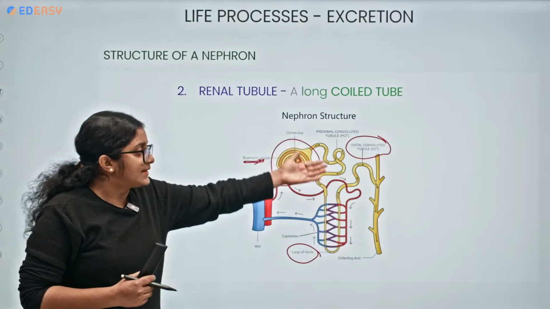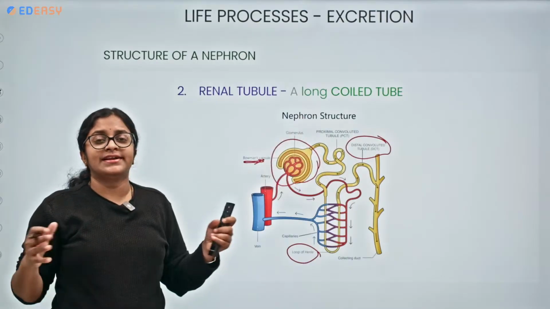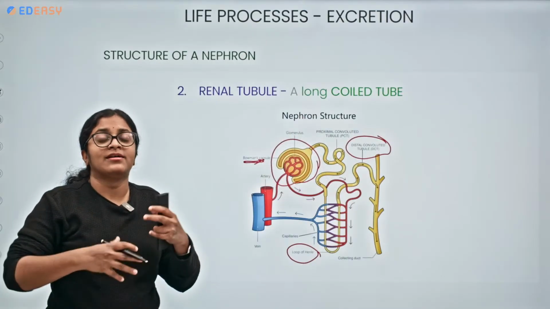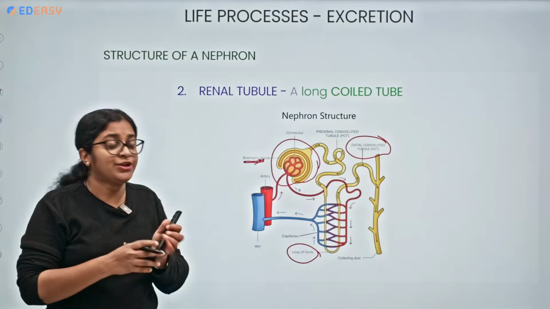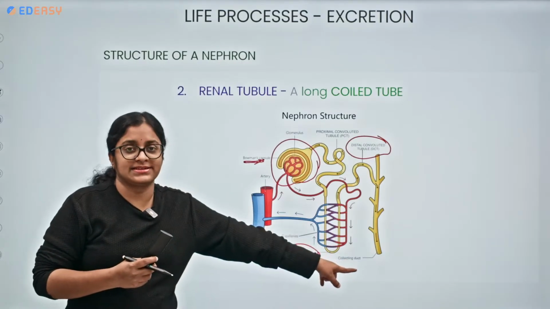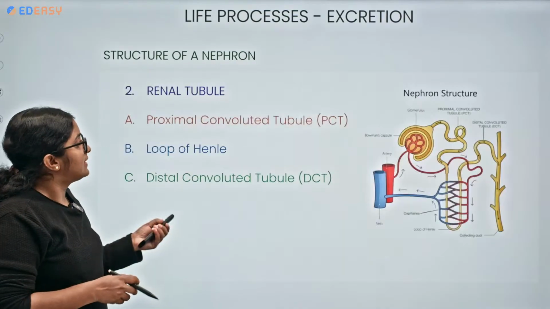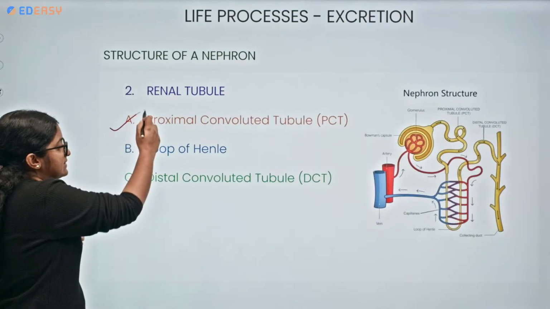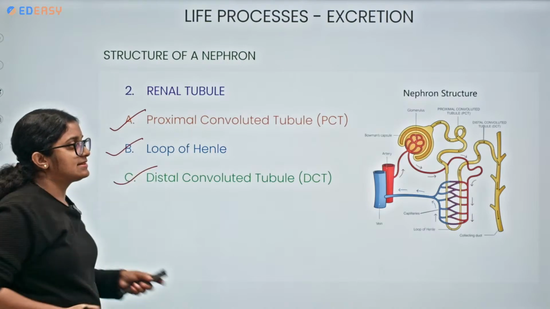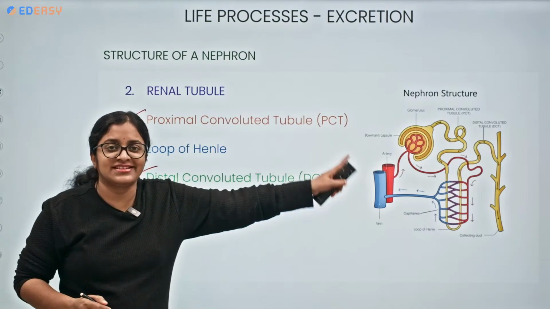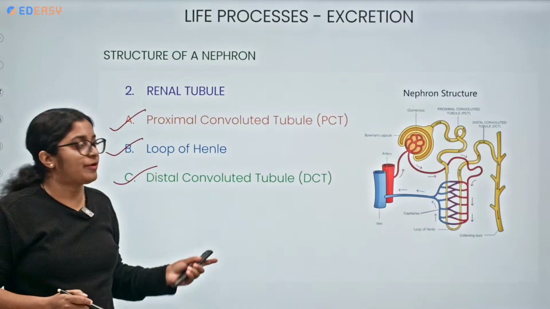The distal convoluted tubules get united within the collecting duct. So the renal tubule comprises PCT, loop of Henle and DCT. See the picture: PCT, DCT and loop of Henle.